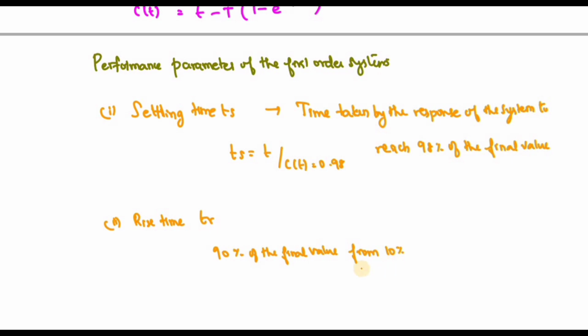So I can write T of R is equal to T when C of t is equal to 0.9 minus T when C of t is equal to 0.1.